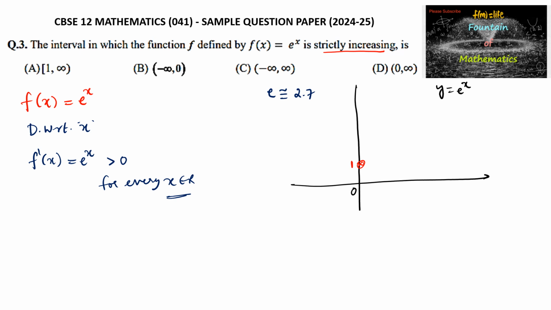And when x is equal to 1, e power 1 is 2.7, so we can mark here. Here is the point. And when x is equal to 2, e square value is approximately equal to 7.3, let us say. So we can mark e square, 7.3, somewhere here.